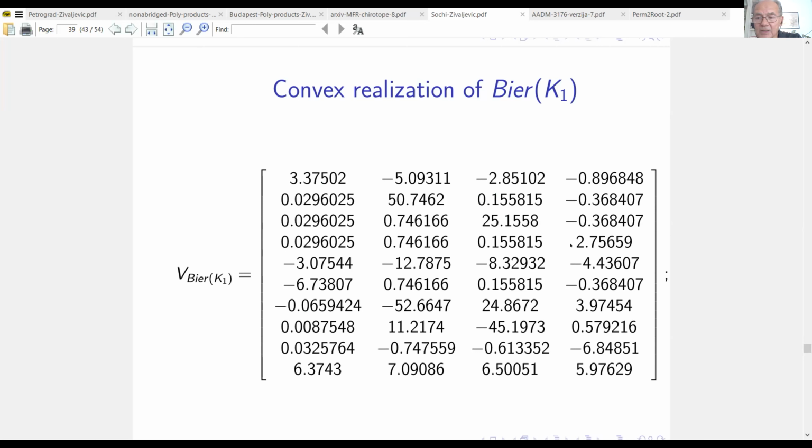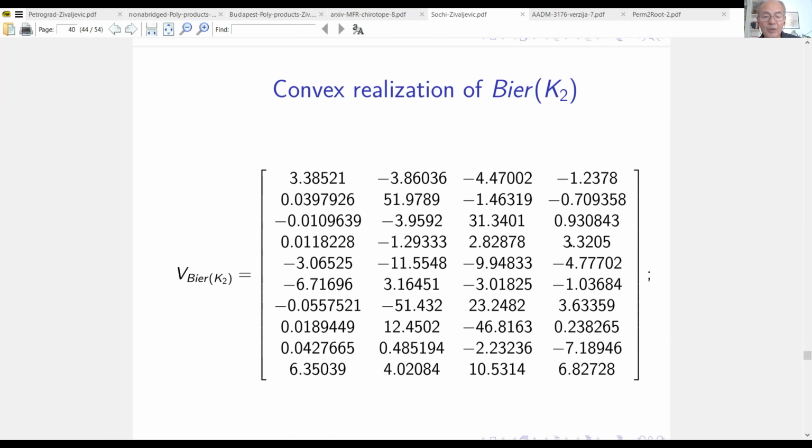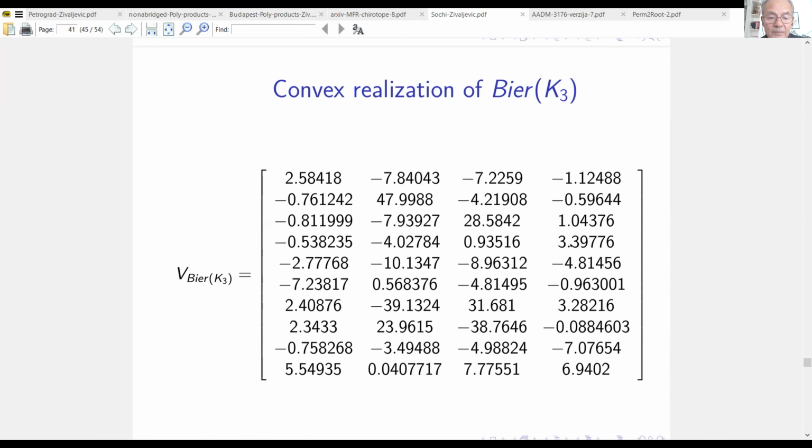Again, with one single stellar modification of this sphere, it becomes non-convex, but we again convexify and obtain by a new radial modification this convex realization of Bier K2, and finally this algorithm, this program, produces a convex realization of Bier K3, where K3 is the Möbius triangulation.